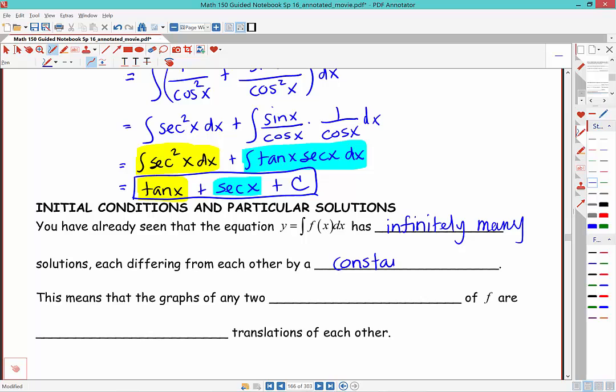As we spoke of earlier, this means that the graphs of any two antiderivatives of f are vertical translations of each other.